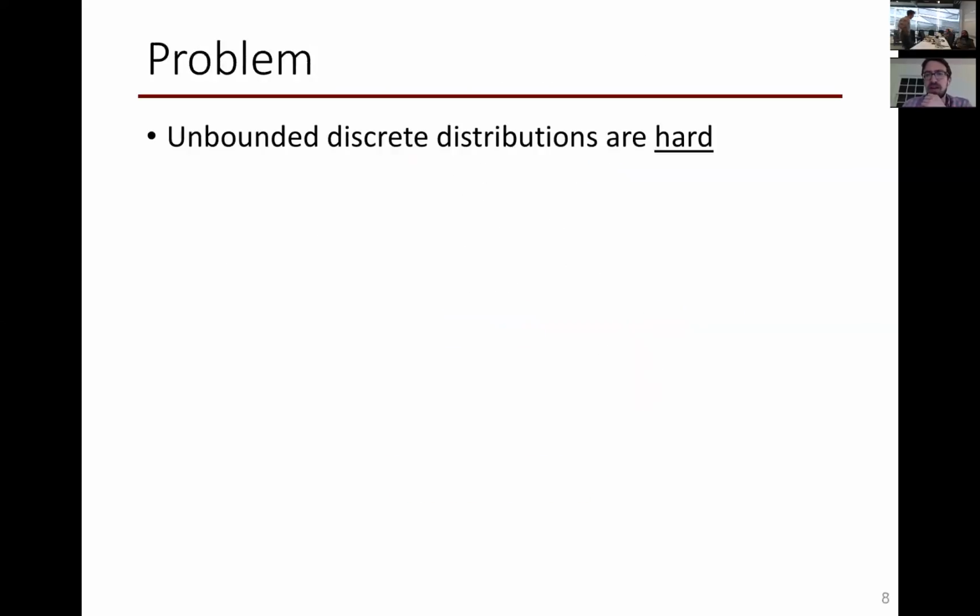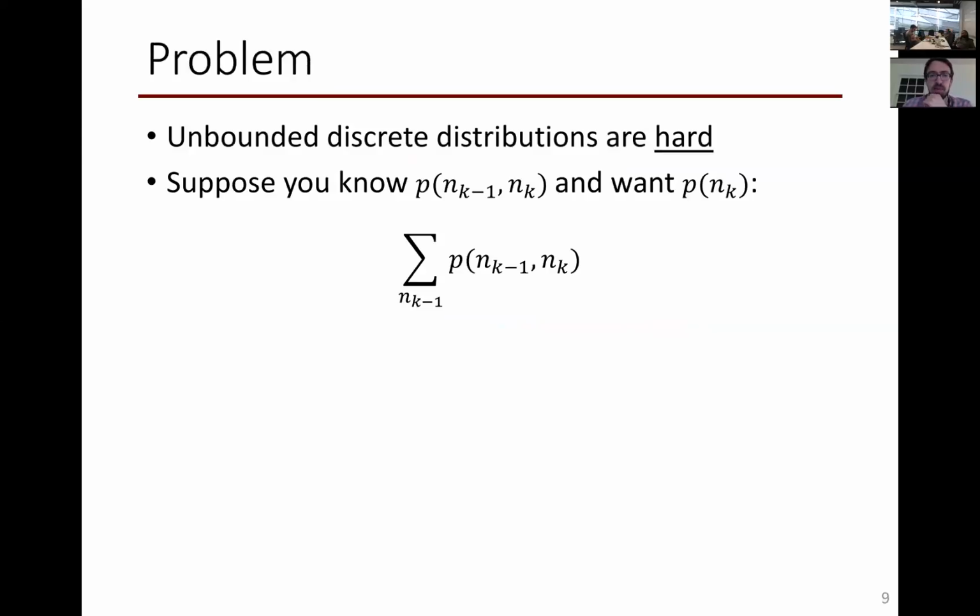It turns out that unbounded discrete distributions are really hard to work with. Just as an example, suppose that you know the joint distribution of two of these latent variables, n_{k-1} and n_k, and you want just the marginal distribution of n_k. Well, that's easy. It's a discrete distribution, and I know how to marginalize discrete distributions.